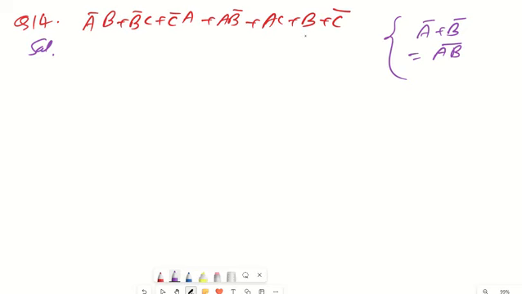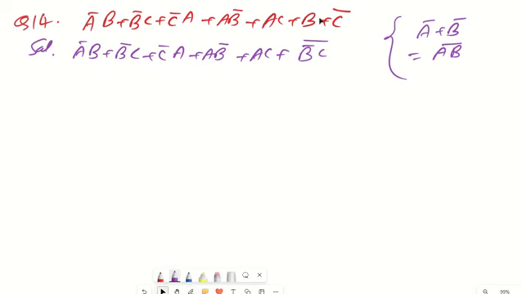In that case I can write it down as A bar B plus B bar C plus C bar A plus AB bar plus AC plus B bar C whole bar, right? Got it? Because each of the terms must be complemented, right? This is what De Morgan's theorem is.